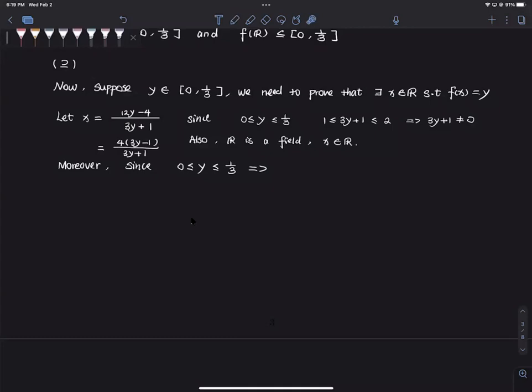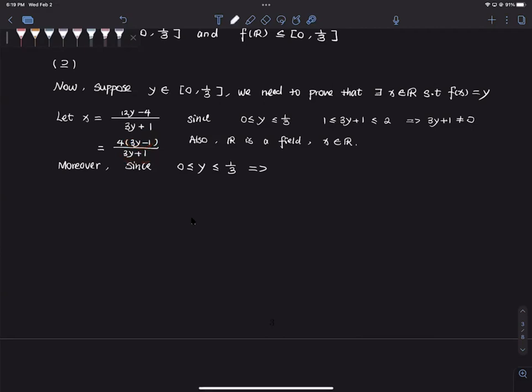Okay, so I want to have something like this or this, so I can divide both sides or do something similar to what I did before. So I'm gonna do this so I can just divide by this later.